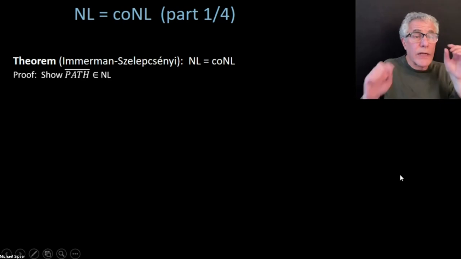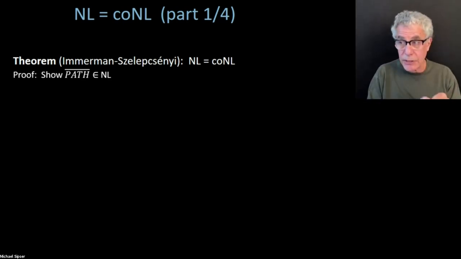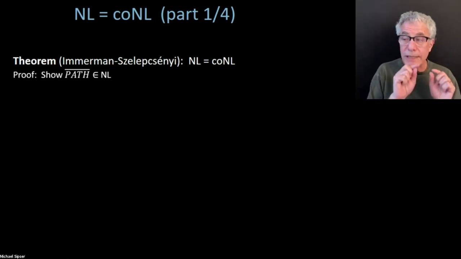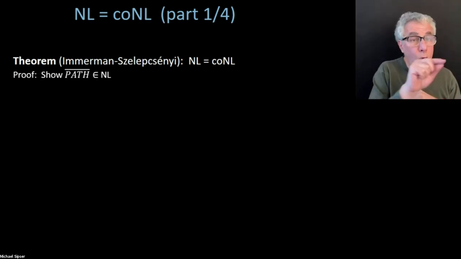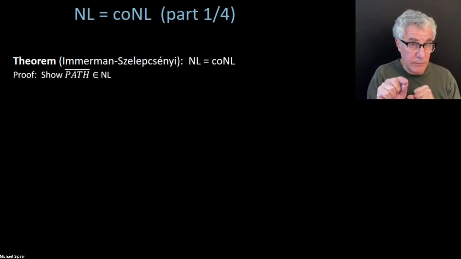What this means is we want to give a non-deterministic machine which will accept when there is no path from S to T. And please don't say, why don't we just take the machine for path and flip the answer?